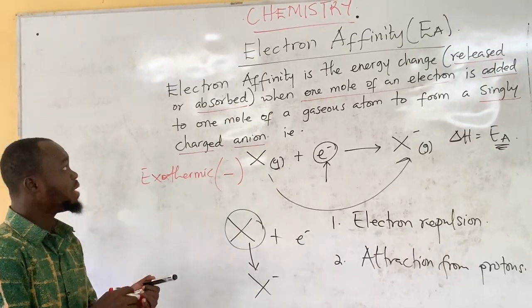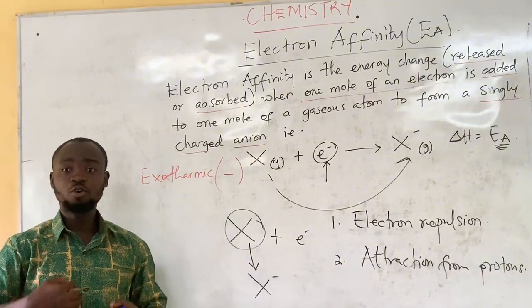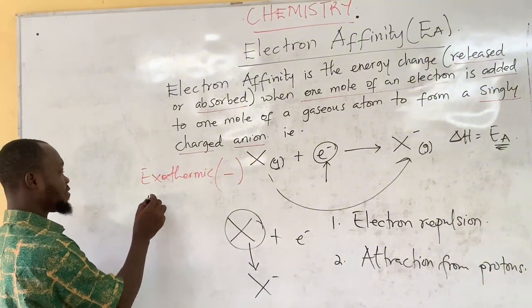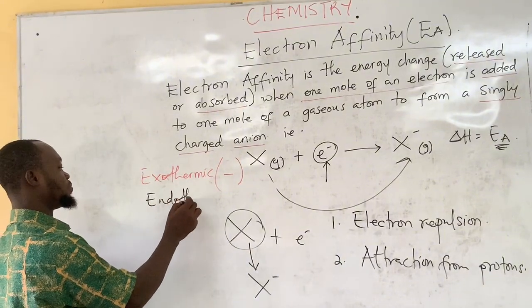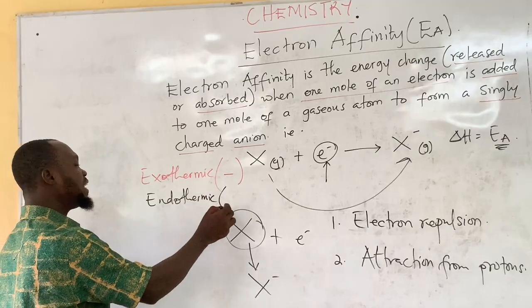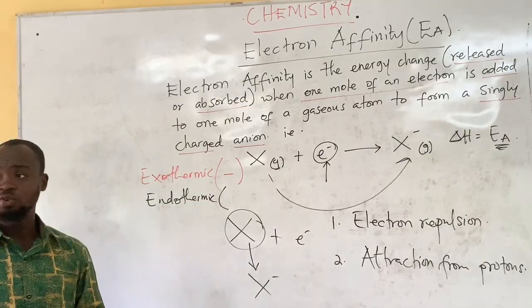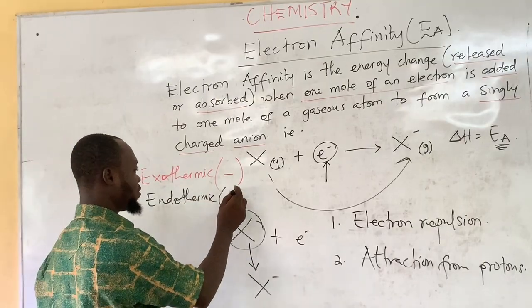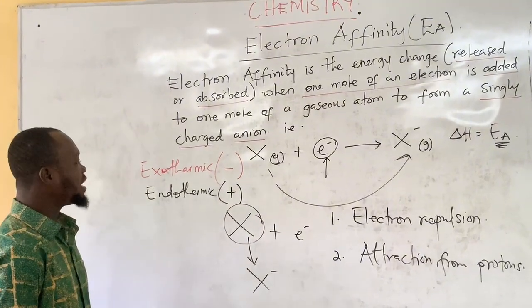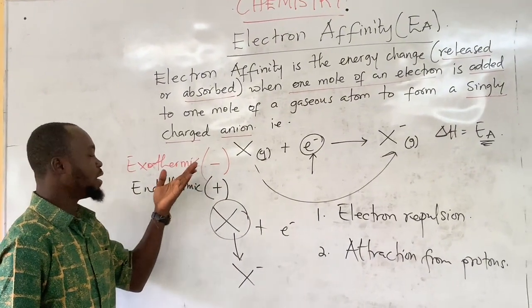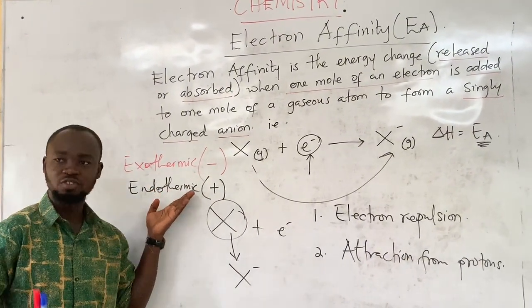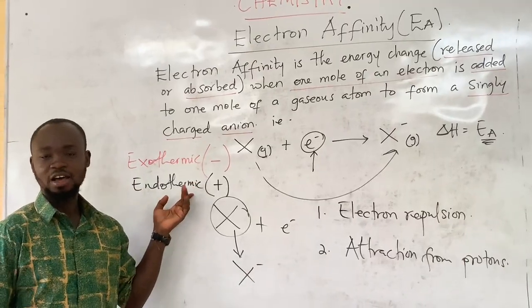And anytime energy is absorbed, it corresponds to an endothermic process, indicating that the electron affinity value will be positive. So we can have negative electron affinity values and positive electron affinity values, which I will explain as well.